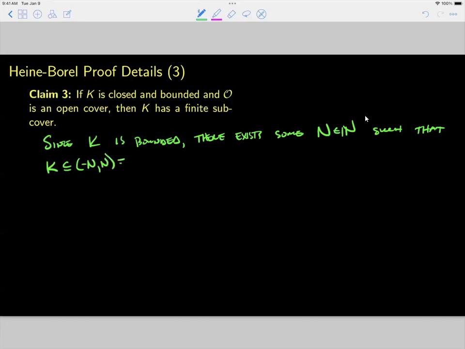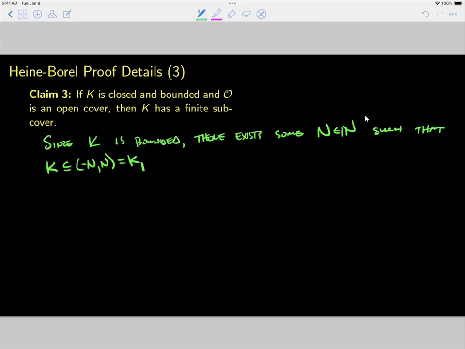And I'm going to give that a name. I'm going to call that set K1. Since my set is bounded, I know I can blow up some big interval, and K will lie entirely inside that big interval. I'm going to call that big interval, minus n to n, K1.